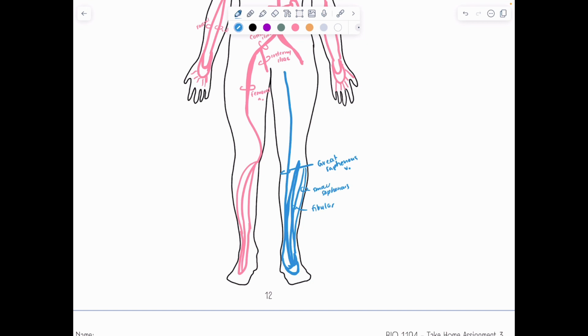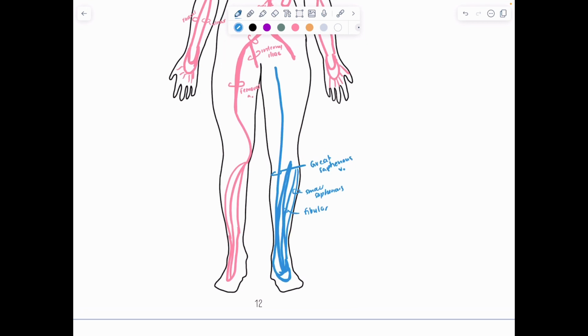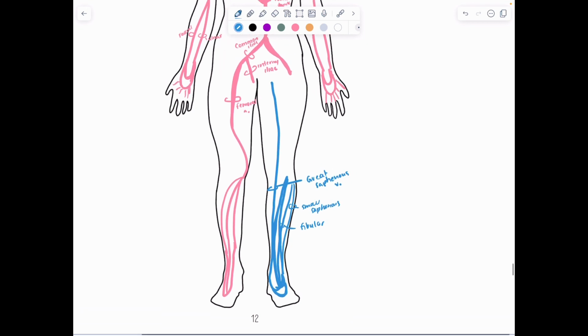Again, in my drawing, you can't really differentiate it, but when we look at the models on the Anatomage, that'll be easier to see. When it's behind the knee, we call it the popliteal vein. And then as we continue back up and through, that's going to become our femoral vein.